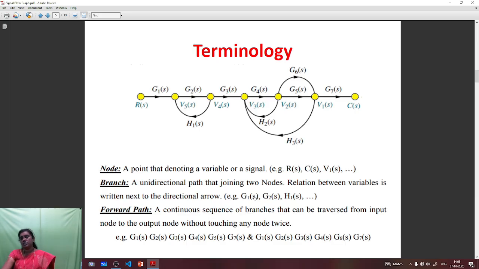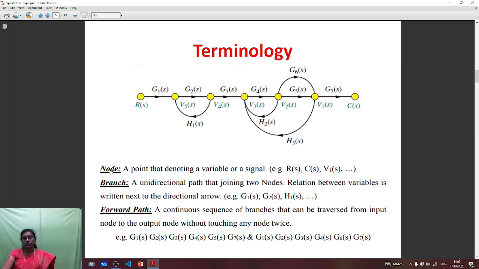So this is an example of a signal flow graph. Here the yellow color points represent different nodes, and the black color lines represent the different branches. Next we will see the different terminologies used in a signal flow graph.